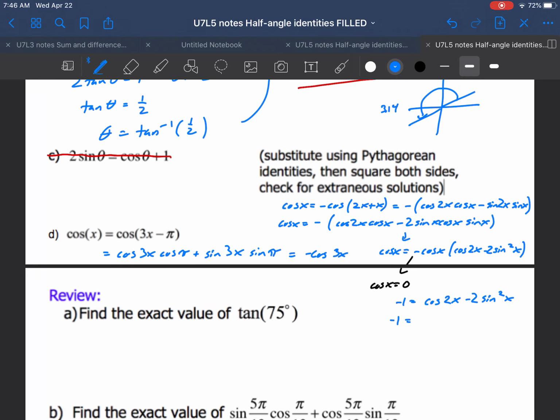So that means that -1 is equal to cosine 2x is 1 minus 2 sine squared. Yeah, so that's 1 minus 2 sine squared x minus 2 sine squared x. So let's see if I can get my addition with ones right. If I take 1, move it over, this is going to be -2, right?